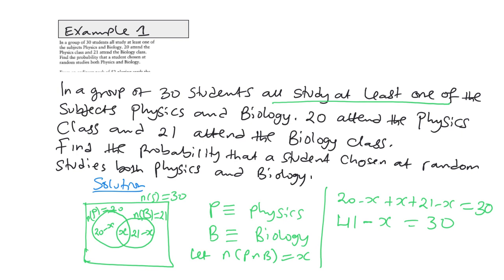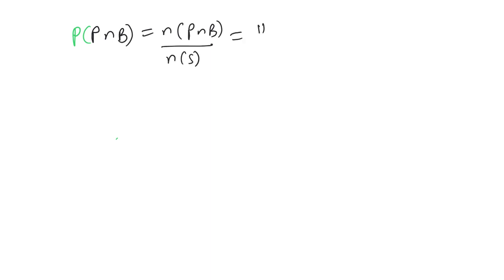So if x is equal to 11, then we can find the probability of physics and biology. The probability of physics intersection biology will be the number of physics intersection biology over the number of the sample space, and these are 11 out of 30.